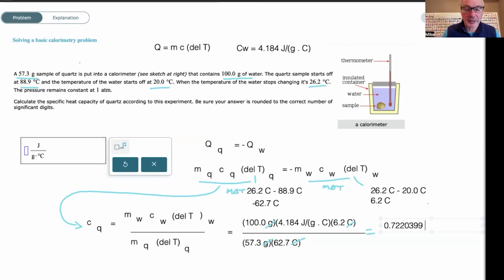Quartz is a relatively obscure substance. Of course, it's joules per gram per degree C. I'm going to trim this to 2 digits. Remember, the 0 doesn't count. So the answer to that one is 0.72.